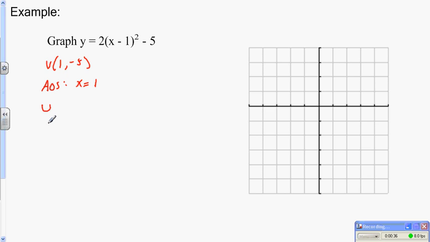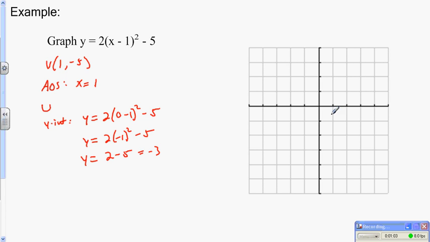Okay. Our y-intercept will be found by taking and plugging in a 0 for x, and that gives us 2 minus 5, which is -3.